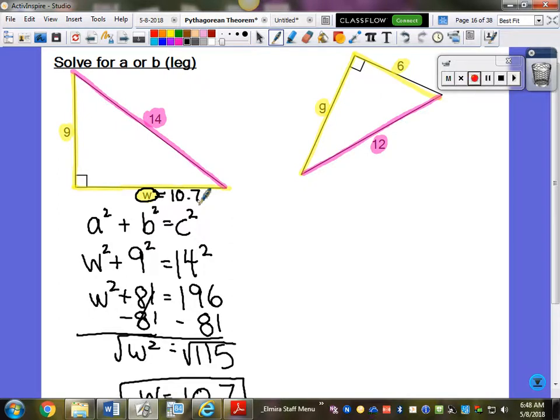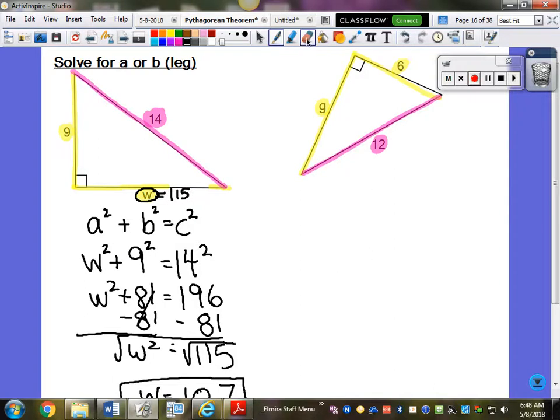You should always take your answers, go back to the diagram, and see if they kind of make sense. Are the numbers too big? Are the numbers too small? Certainly if I had stopped at 115, if I forgot to do the square root and thought that this was 115, with 9 and 14, 115 is way too big.